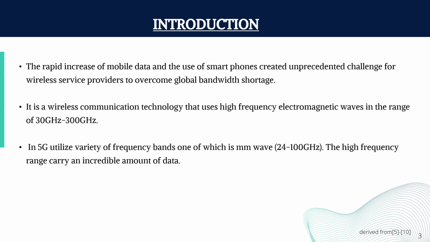The fifth generation of cellular networks utilizes a variety of frequency bands, and one of them is the millimeter wave. The millimeter wave ranges from 30 GHz to 300 GHz, but 5G uses only the 24 to 100 GHz range. The high frequency of the millimeter wave can carry an incredible amount of data.